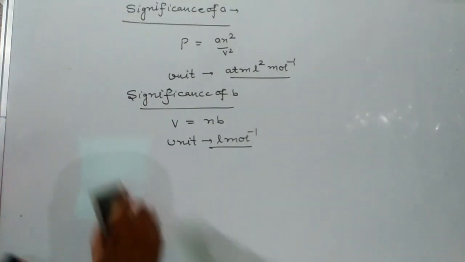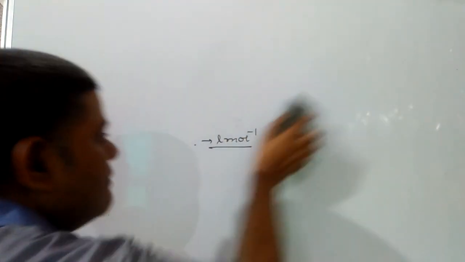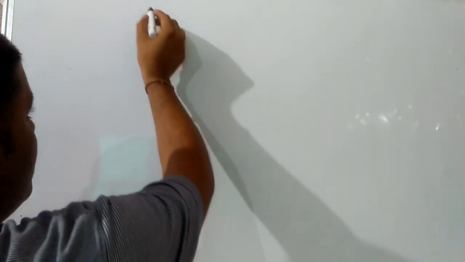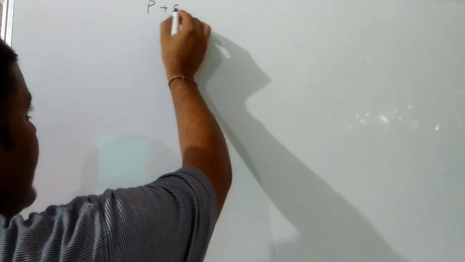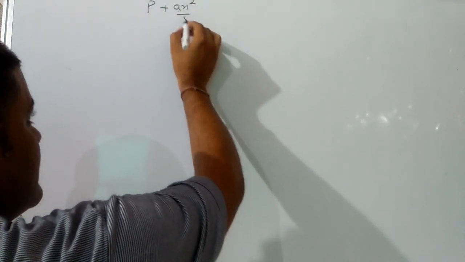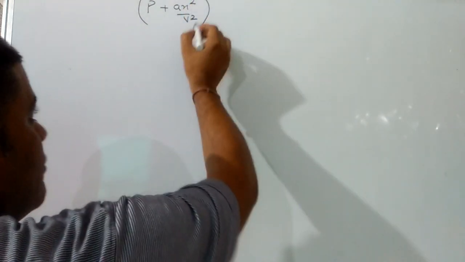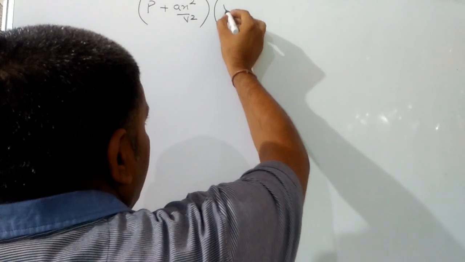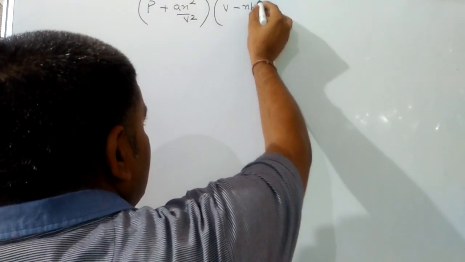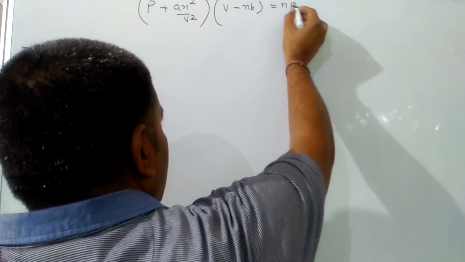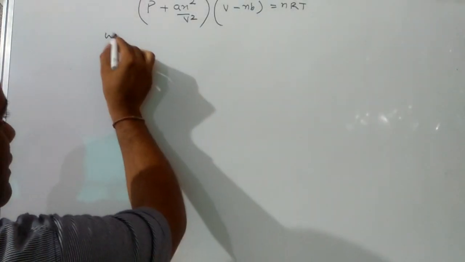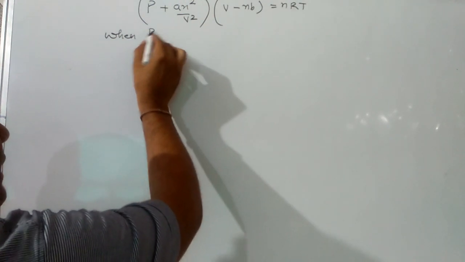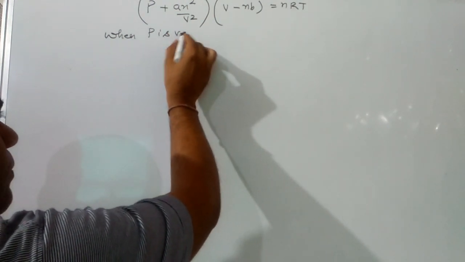Now we have to see the behavior of the real gas equation at different conditions of temperature and pressure. As we know, the real gas equation is (P + an²/V²)(V − nb) = nRT. The first case is when pressure is very low.